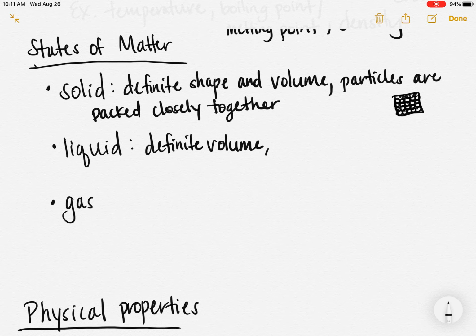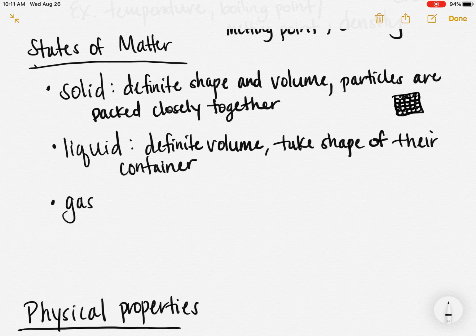All right, liquids. Liquids have a definite volume, right? Think about water in a graduated cylinder. You could read the volume of the liquid, but they take the shape of their container. Right, if you put water in a graduated cylinder, it takes a cylindrical shape. If you pour water into a cookie sheet, it spreads out into the rectangular shape of the cookie sheet. All right, so liquids take the shape of their container.